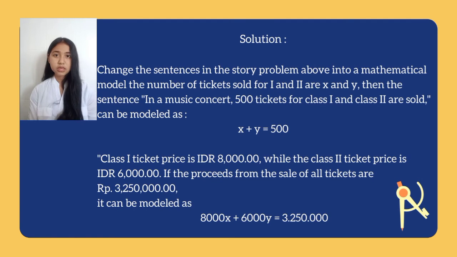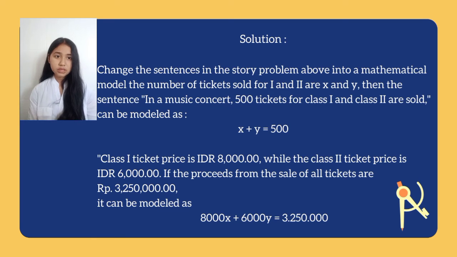Change the sentences in the story problem into a mathematical model, thus forming a system of linear equations. For example, the numbers of class 1 and class 2 tickets are x and y. Then the sentence, in a music concert, 500 tickets for class 1 and class 2 were sold, can be modeled as x plus y equal to 500.